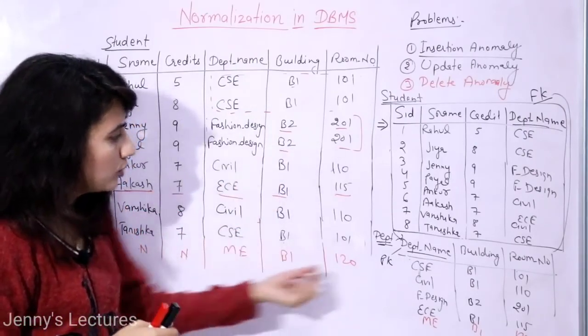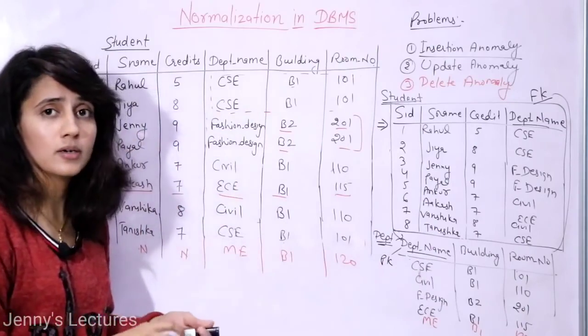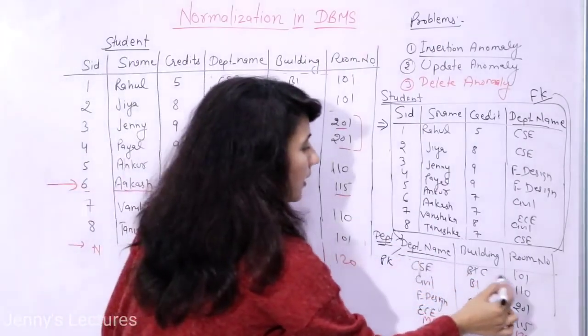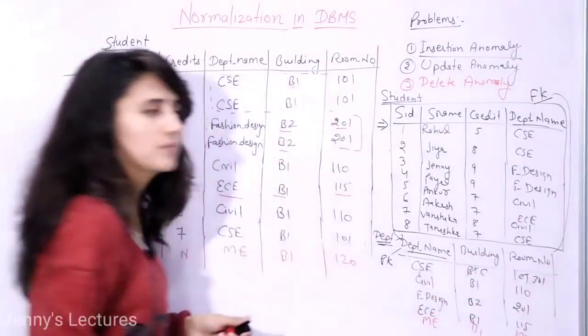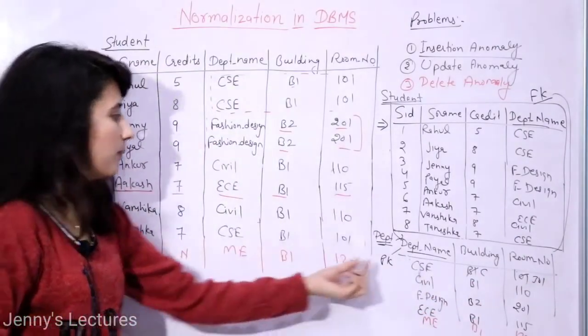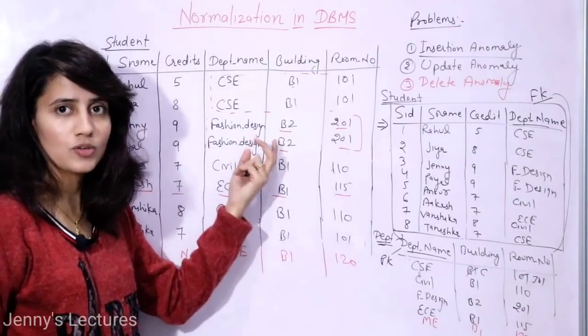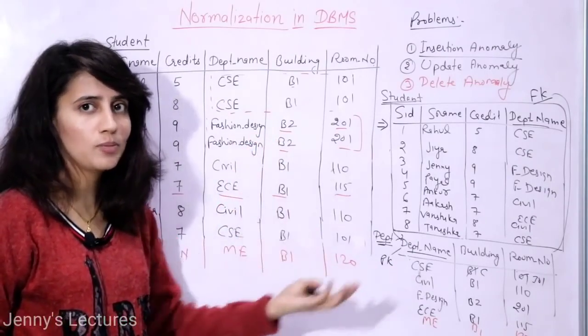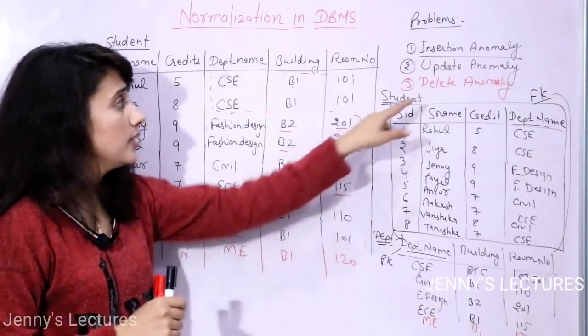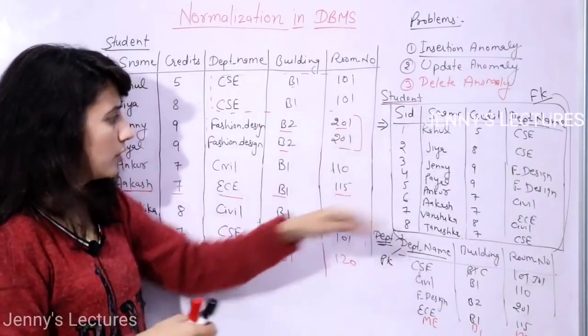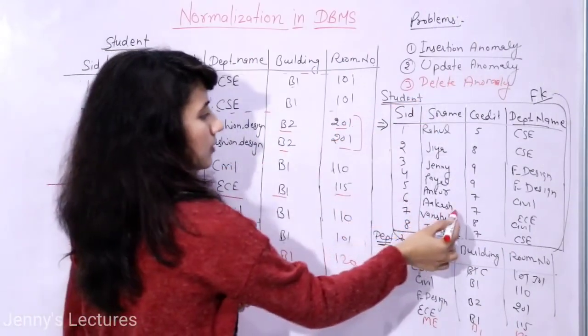Now what about update anomaly? See, suppose I want to update this CSE department, building is C1 and this one is 301. So that's it, you have to update only one tuple, not all the tuples like in this case. So we have solved the update anomaly problem, right? Now what about this delete anomaly problem? Same, suppose I want to delete a record of the student, right?